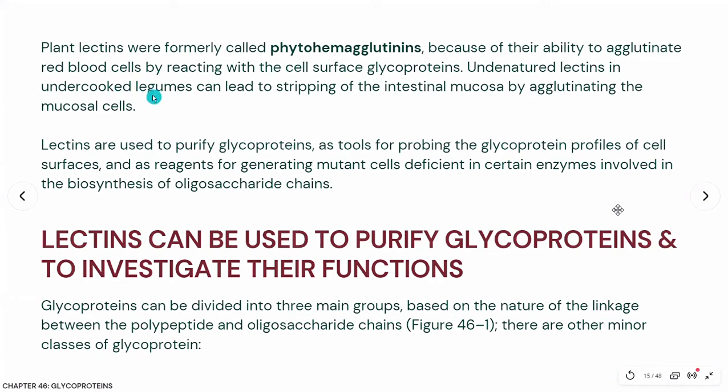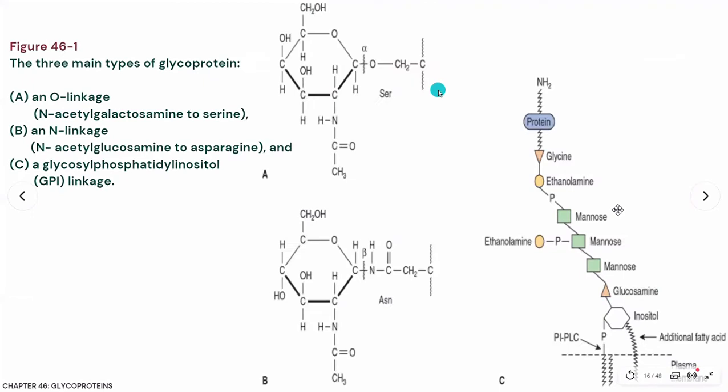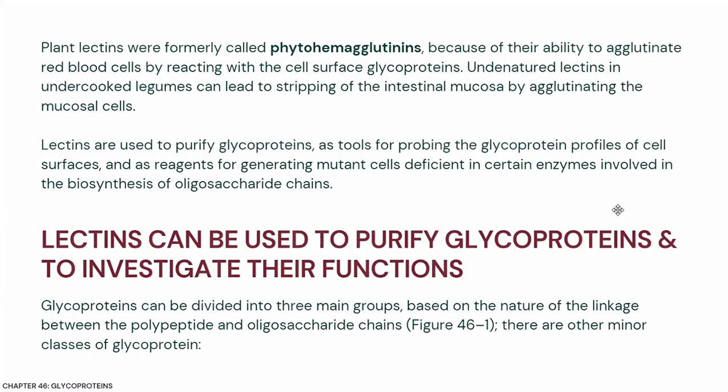So the structure is not removed. What does it do? It strips the intestinal mucosa by agglutinating the mucosal cells. See? So be careful with uncooked legumes. You know what are legumes? Beans. So they have to be thoroughly cooked in order to denature your lectins.